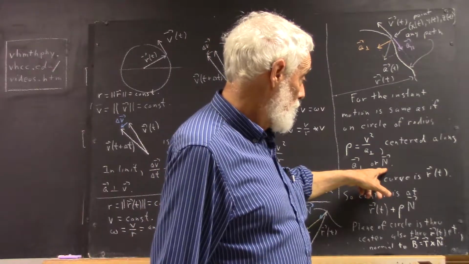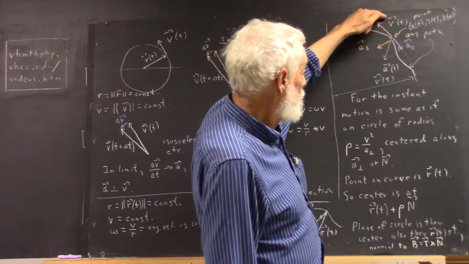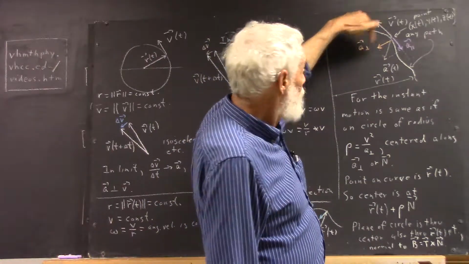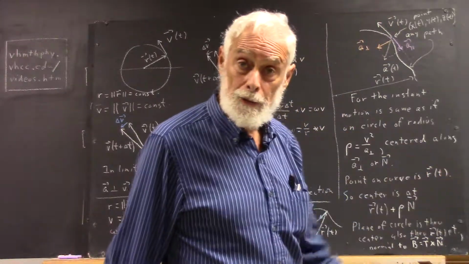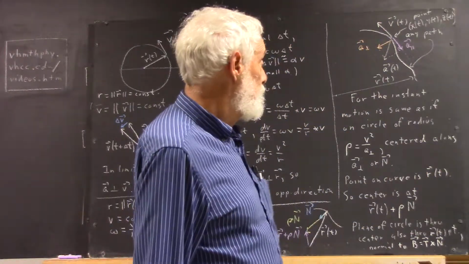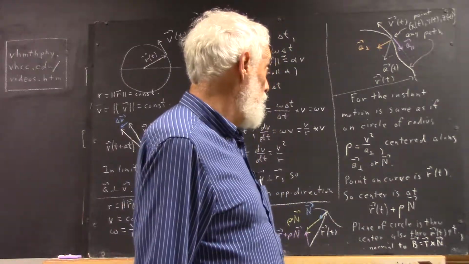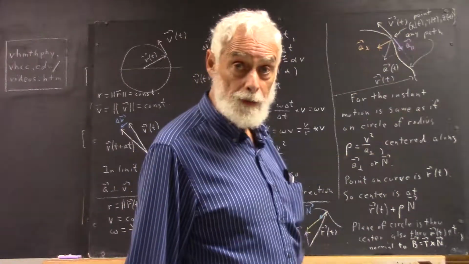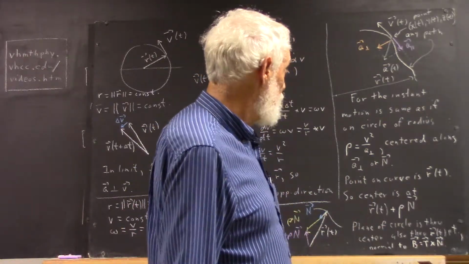And of course we know from what we've done before that your unit tangent vector is v over the magnitude of v, and your unit normal vector is a perpendicular divided by its magnitude. The unit normal vector can also be obtained by taking the derivative of the unit tangent vector and then dividing by the magnitude of the unit tangent vector.